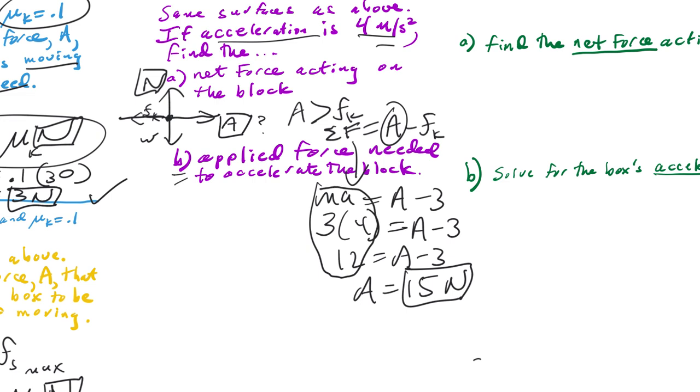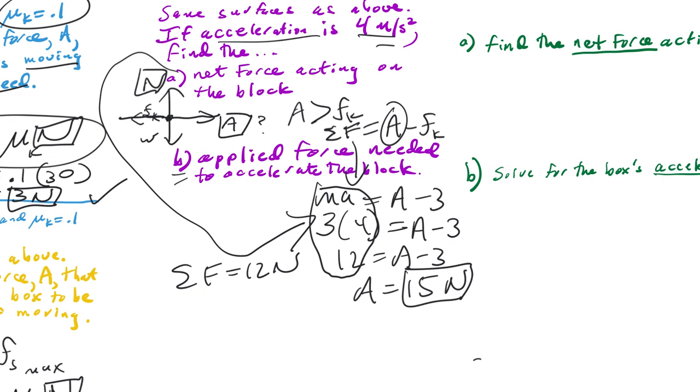I did that for letter A. So letter A's answer is net force equals 12 newtons. Okay, I guess I did letter B first. You okay with that? Net force equals MA. It equals 3 times 4 equals 12 newtons. So that really should go for letter A.